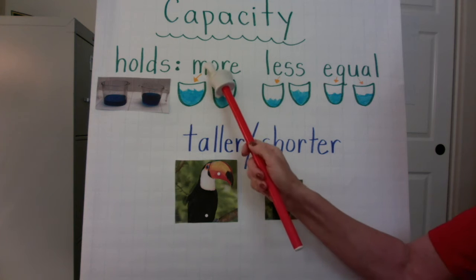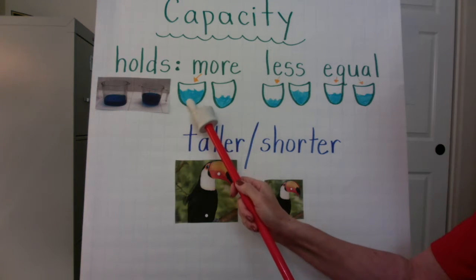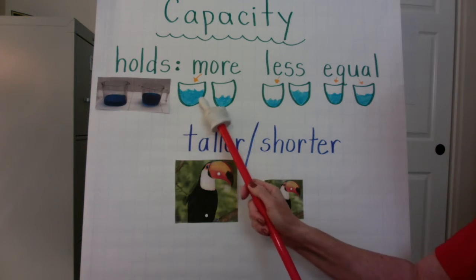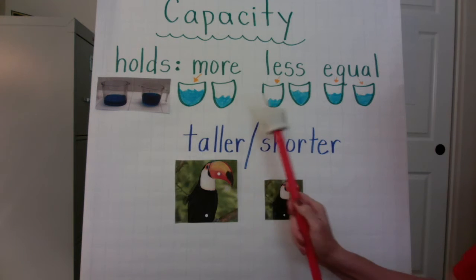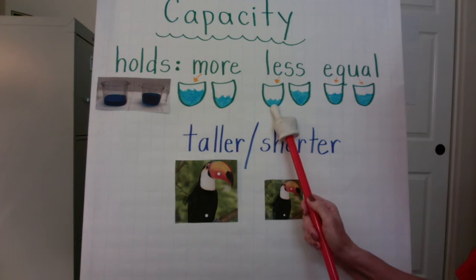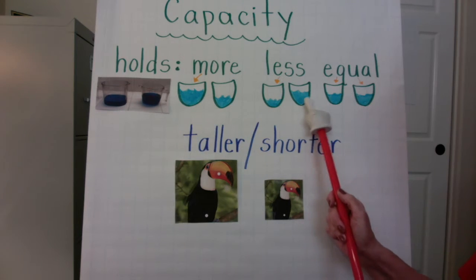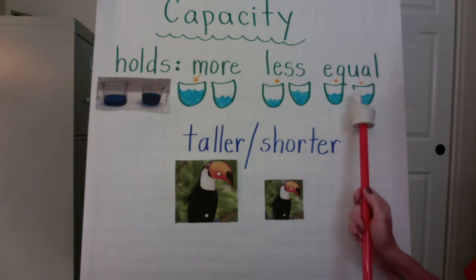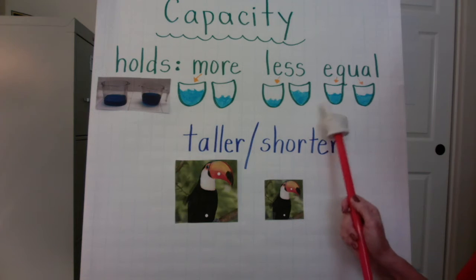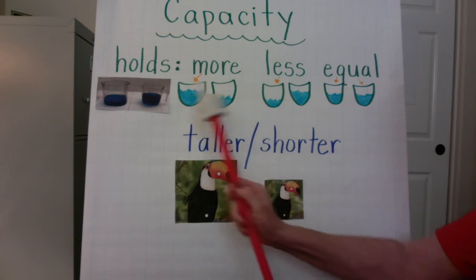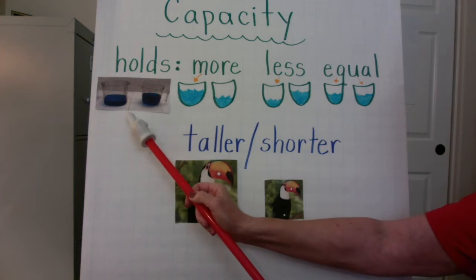Well, when we look over here, this cup has more liquid than this cup. This cup has less liquid than this cup. And these cups are equal. They have the same amount of liquid. But now we're going to do this experiment.